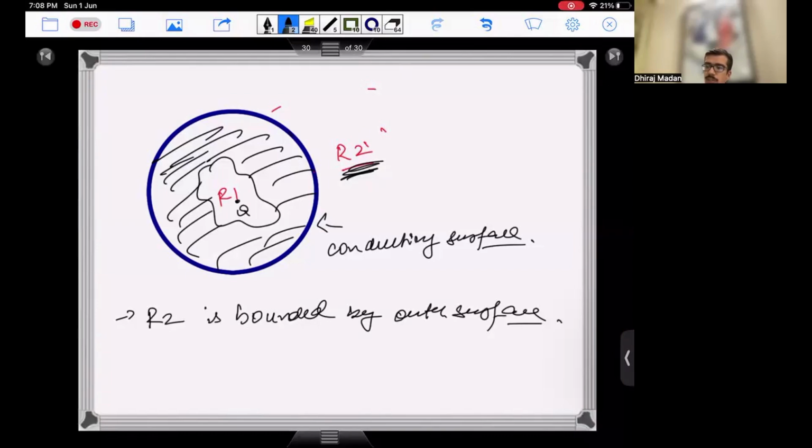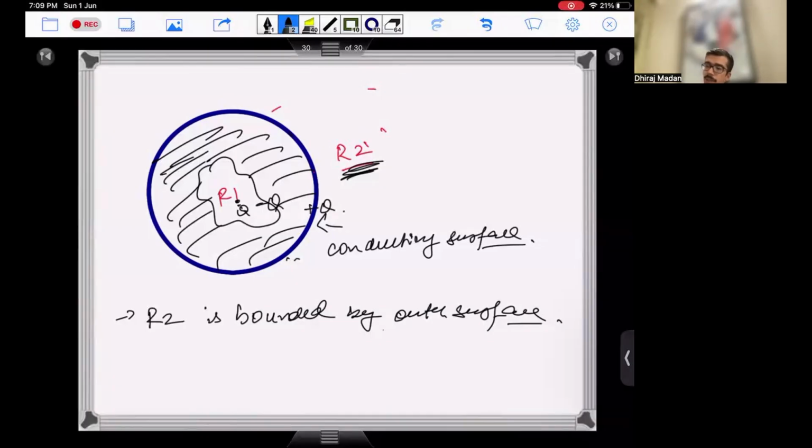So I need to know the charge densities within R2, and I need to know the total charge on this bounding surface of R2, right? Basically here the charge is Q. On this inner surface the charge is minus Q. On this outer surface the charge is plus Q.